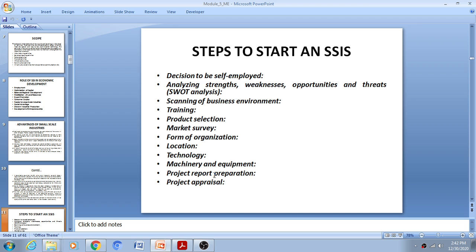The next one is analyzing strengths, weaknesses, opportunities, and threats, which we call SWOT analysis.